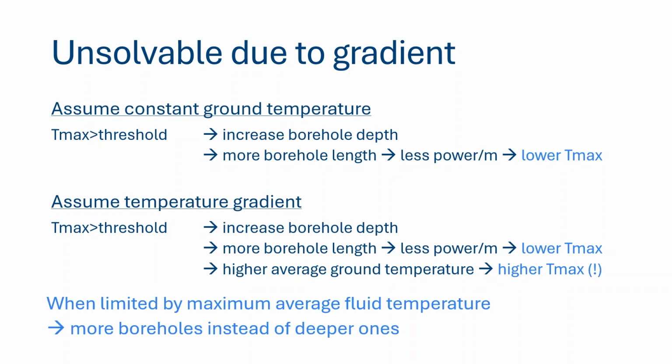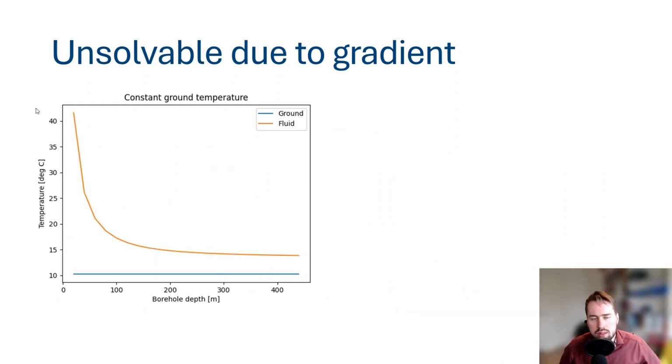So what we can see is that if we're limited by the maximum average fluid temperature, what we actually want is to have more boreholes instead of deeper ones. Because if we drill deeper, the ground will be warmer and it will be harder to cool or to inject heat into the ground.